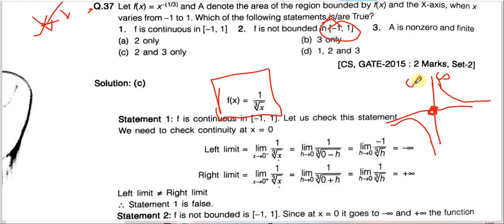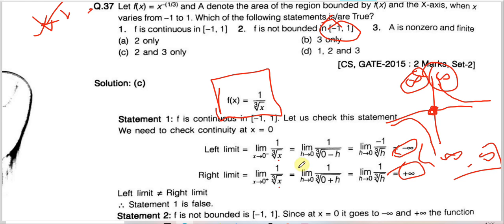Here f of 0 plus is minus infinity, and f of 0 is minus infinity, and 1 is plus infinity. If all of this comes plus infinity, then only we will say that it is bounded. Bounded means this 0 plus and 0 minus both should be either infinity or both should be minus infinity.